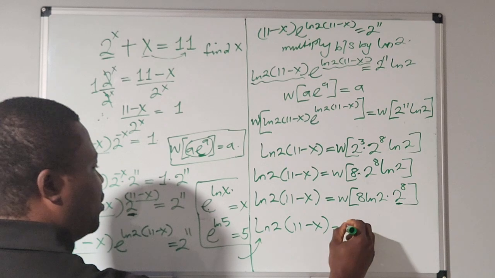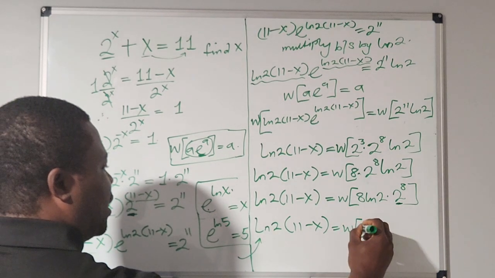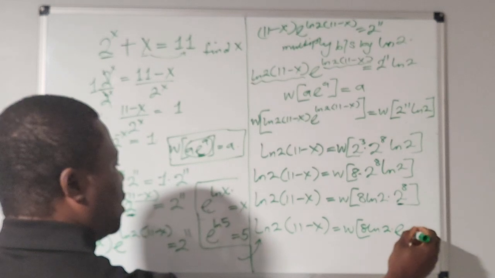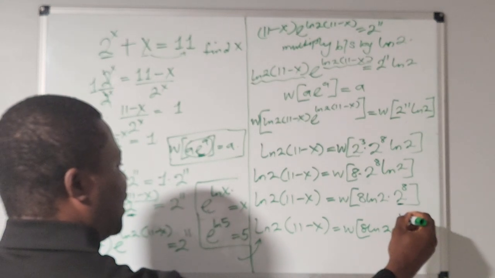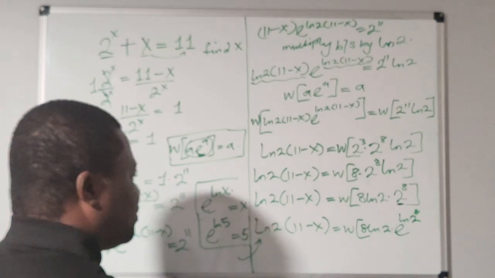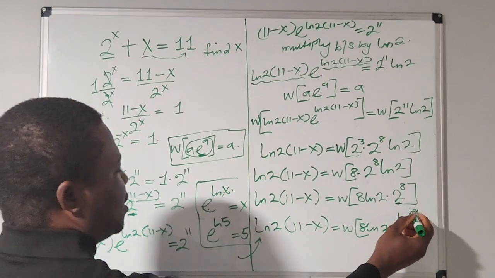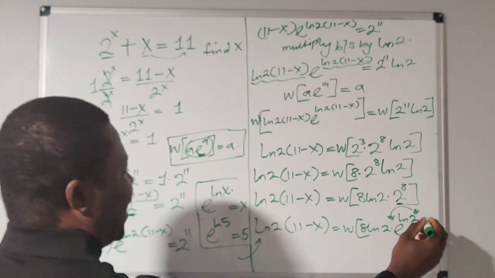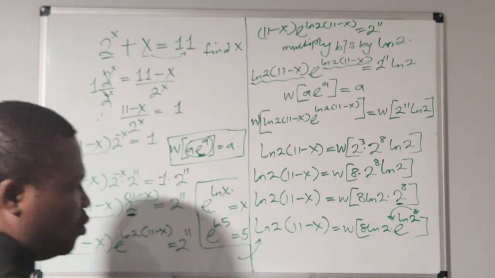So this becomes W of 8 ln 2 e raised to the power ln of 2^8. Now this 8 can come over here and become 8 ln 2.